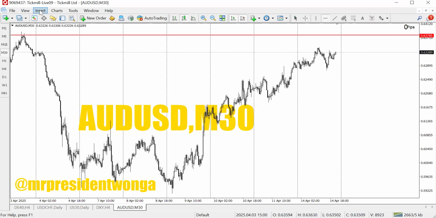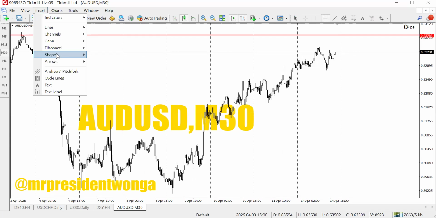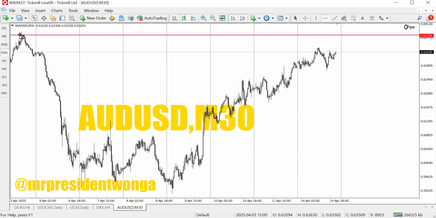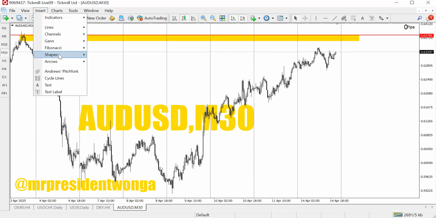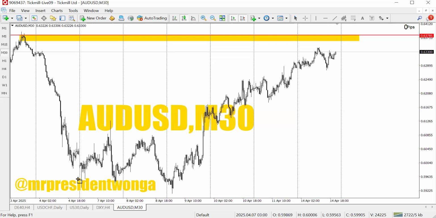You take that high, that is right over there. I think someone asked me, so I use this, insert, and then shape. I pick a rectangle, that's the one that I use. So we take this as the low from the top. Yeah, that is the low.